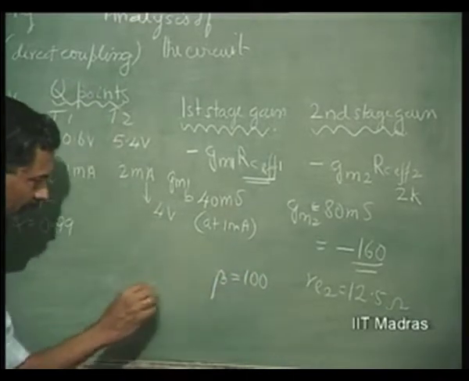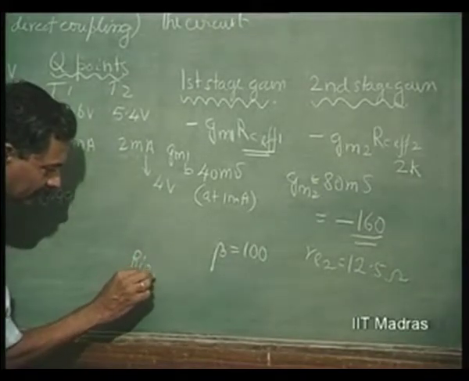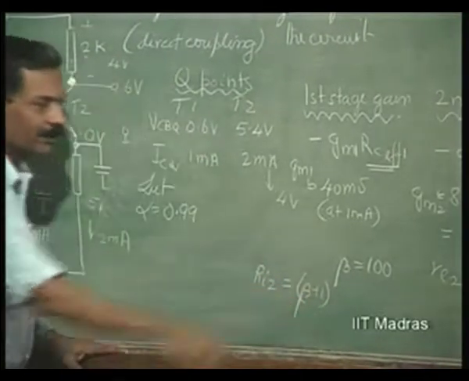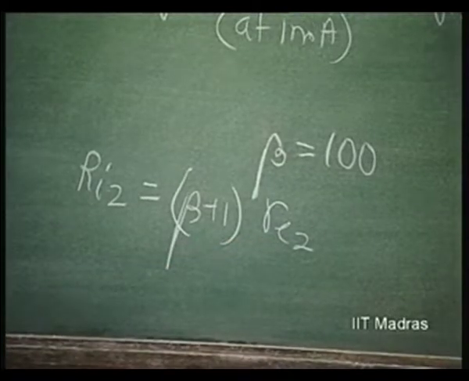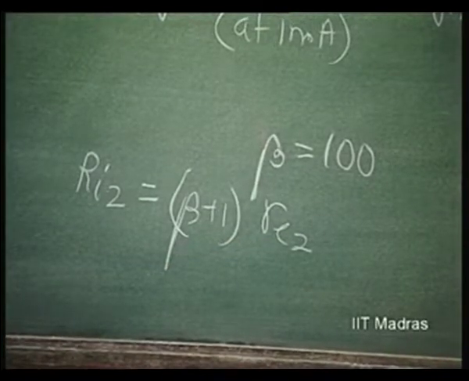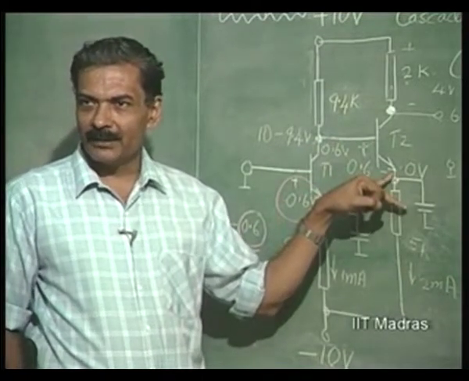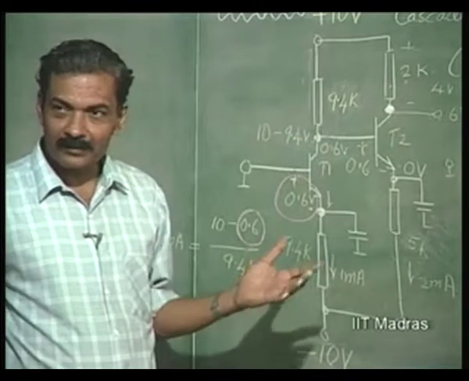So, the load Ri2 is beta plus 1 into re2. The currents here and here are related by beta plus 1. Whatever resistance is there in the emitter is reflected as beta plus 1 times higher.